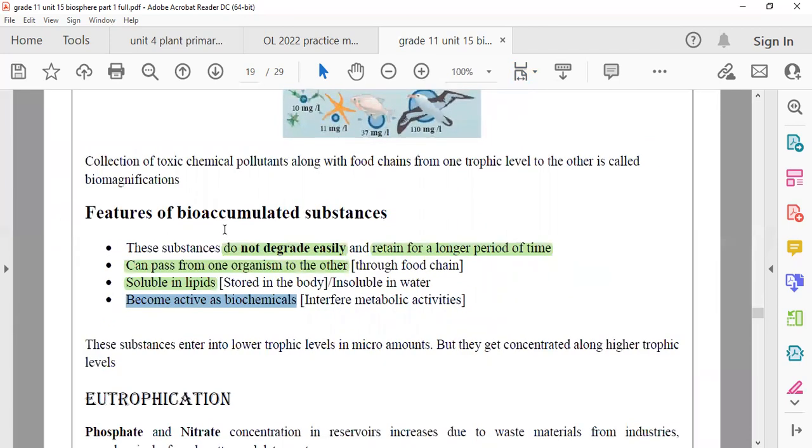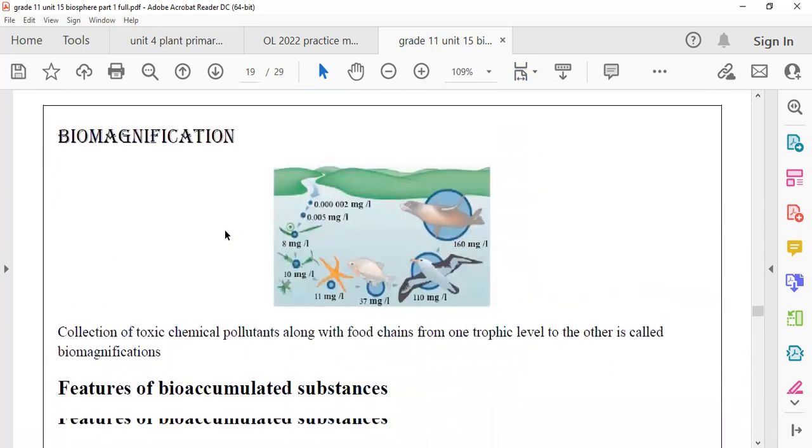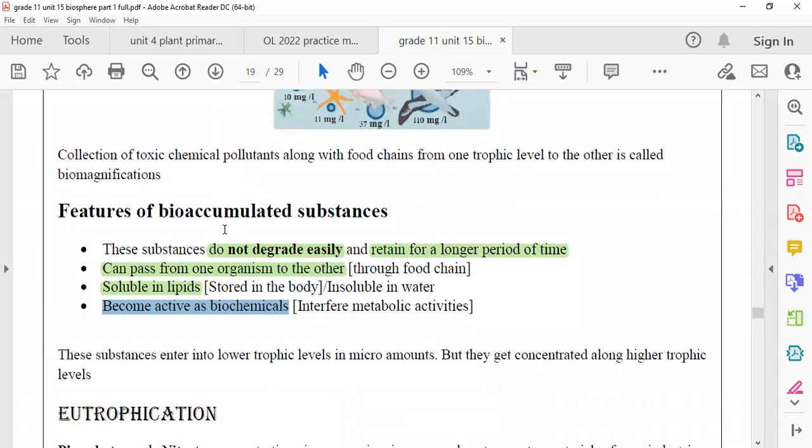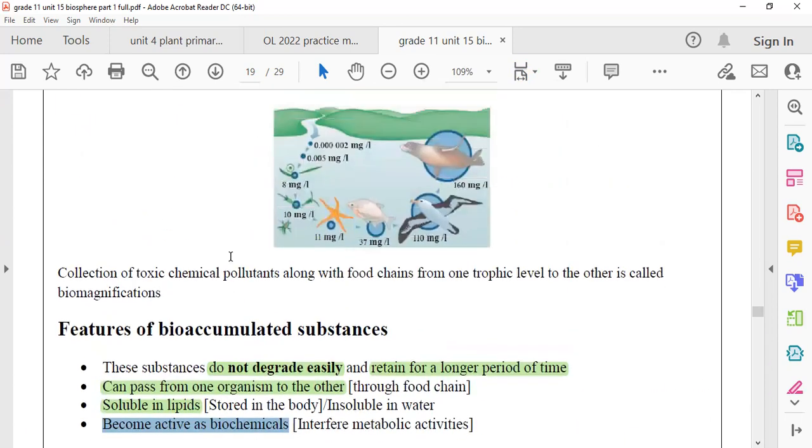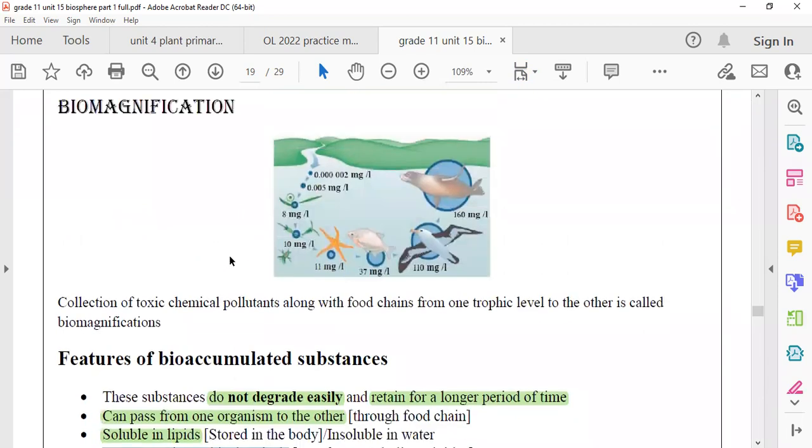Nowadays, use of biomagnifiable substances is high. So lower trophic levels are not more affected by these chemicals. Only the upper trophic levels are getting affected by these chemicals. That is regarding the biomagnification.